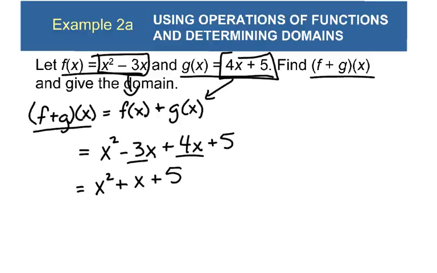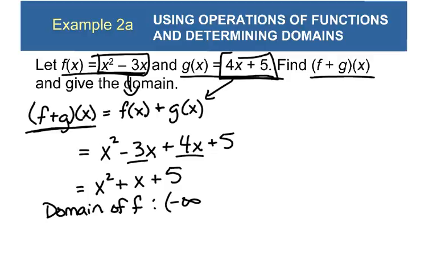There's our new function. Now, the domain of our f plus g of x ends up being the intersection of the two domains of our functions that we have. Now, the domain of f is this right here.